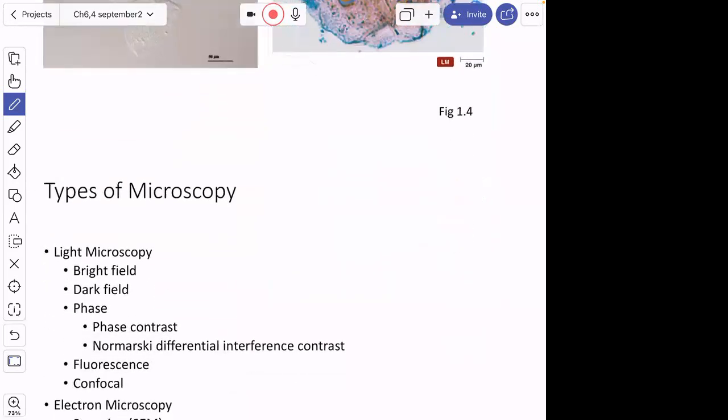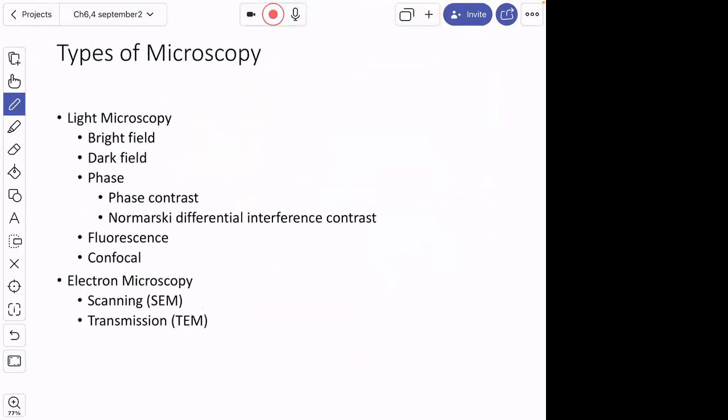All right, so the types of microscopy that I want to talk about, like I said, your book talks about a few other ones beyond this. These are the ones that I want to stick to. I'll give you some examples of what cells look like. So basically you should know what's unique about each one of these. Why is this kind of microscopy useful to us?